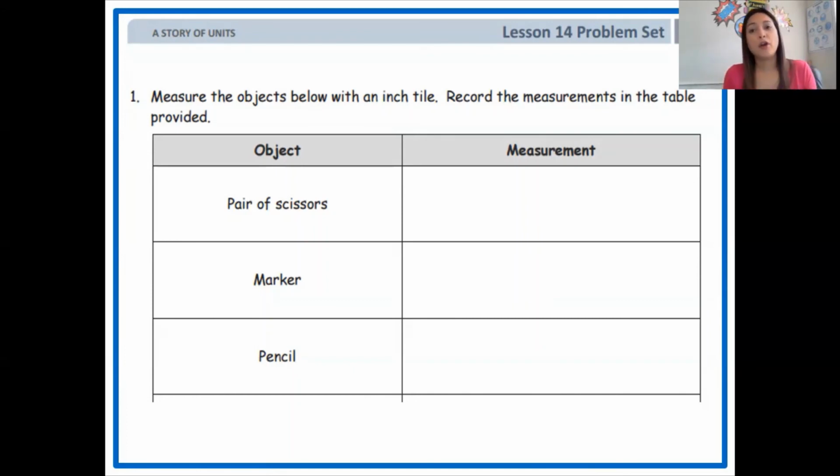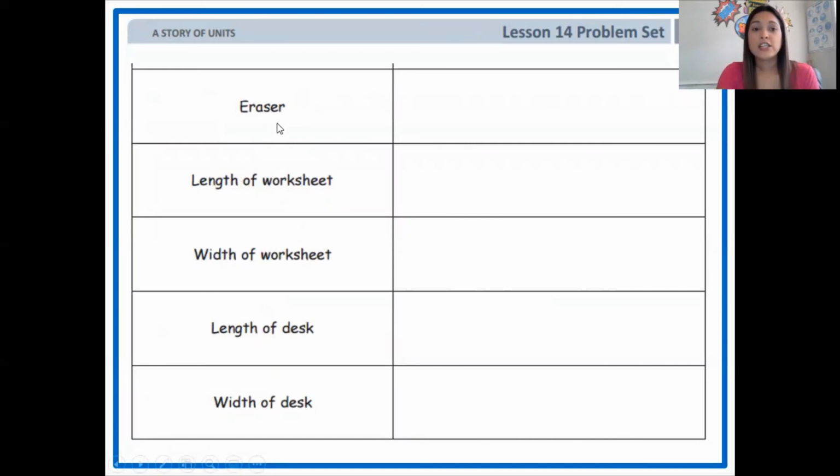And if you can find a marker, do it with the marker. If you can find a pencil, do it with the pencil. And then an eraser, a worksheet, the length and the width of the table. I know that there's a lot of things that you might not have at home, and that's okay.